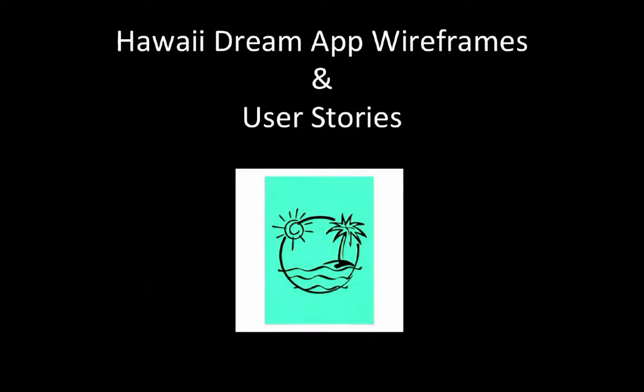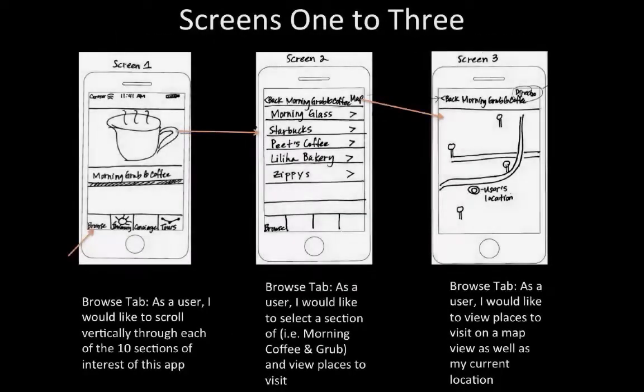All right, so we are just about to jump into the Hawaii Dream app wireframes and user stories. So let's start by looking at screen 1. There are a few things that I would like to point out on this screen before we discuss what's happening in screens 2 and 3. There are two types of ways to navigate through the Hawaii Dream app from screen 1.